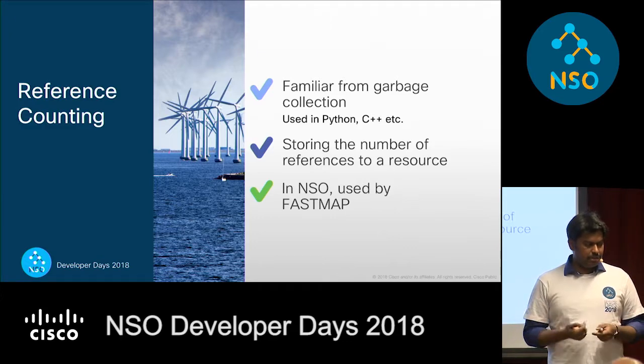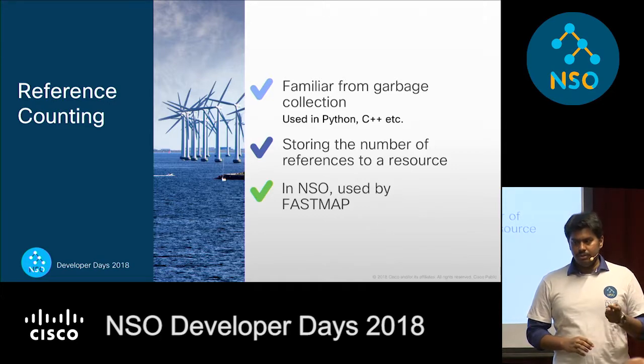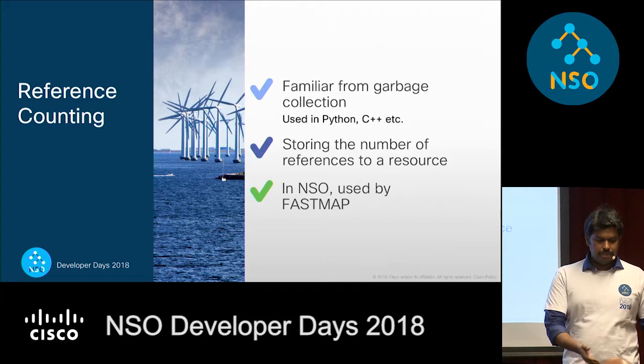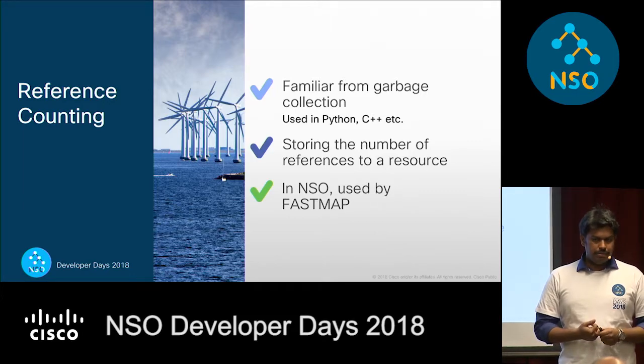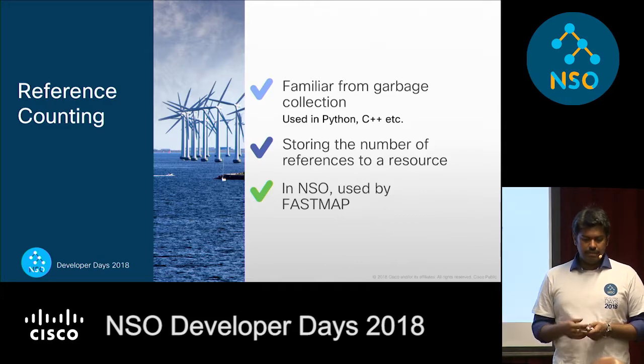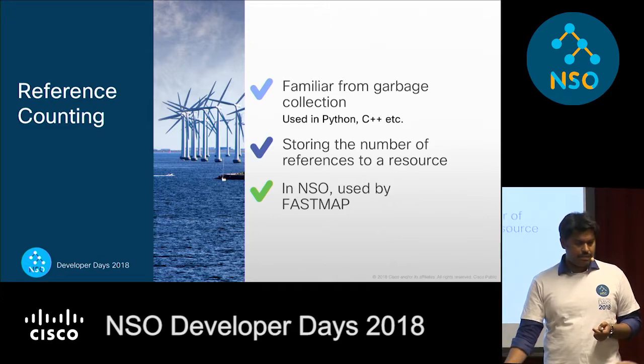That's the basic idea, and how it is used in NSO is, NSO's central algorithm is called fastmap, which I'll talk about later, and that uses this reference counting to ensure that multiple services touching the same data don't remove them when one of them is removed. So let's say that there are 3 services, and each of them touches the same node in the device tree.